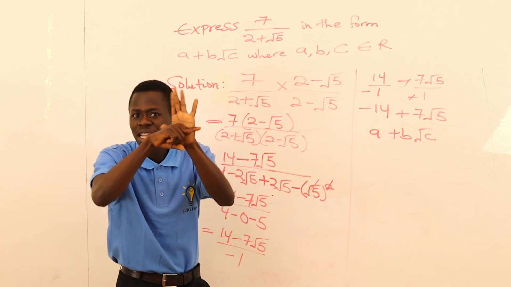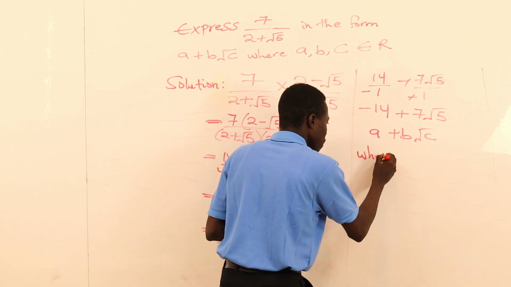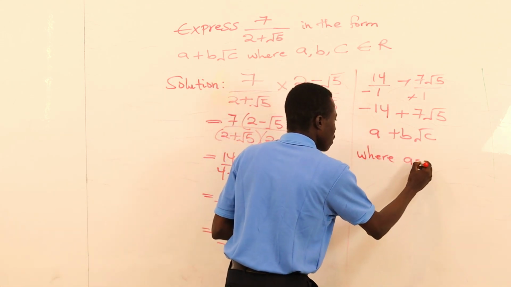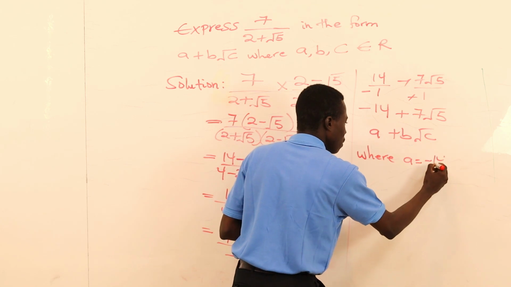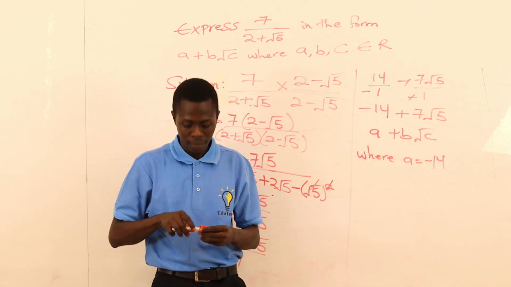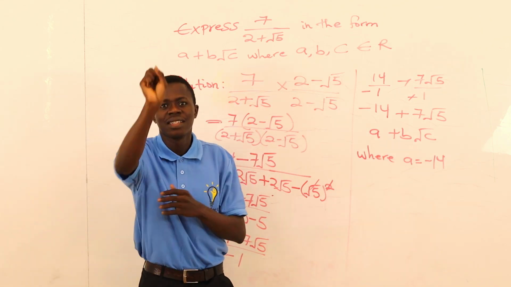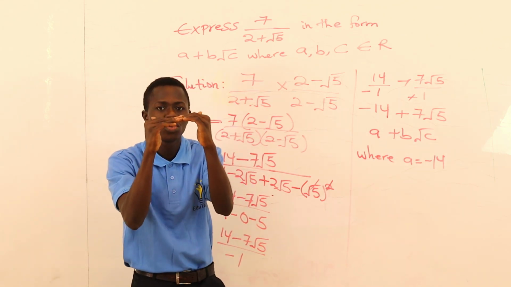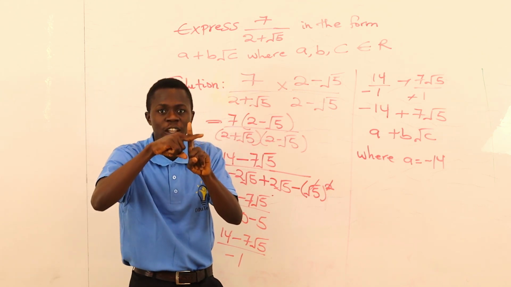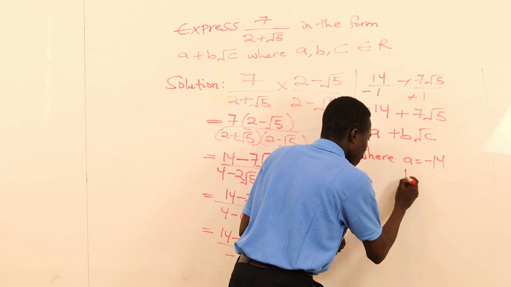So we are comparing our final answer with the expression a plus b square root of c, and we are going to see that a is equal to -14. B would be equal to 7.